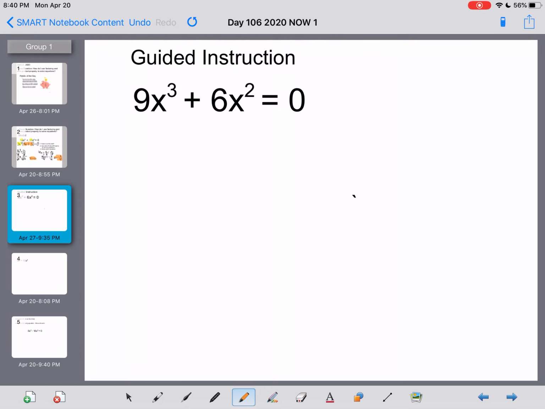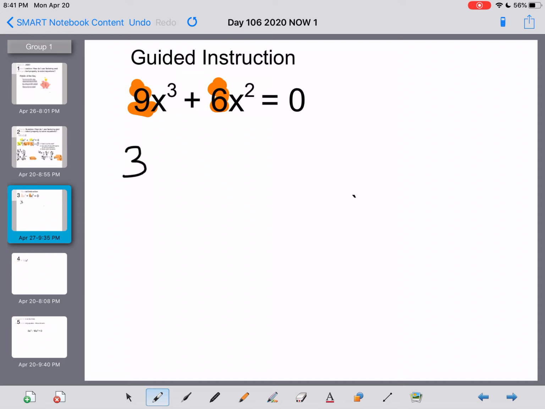All right. Welcome back. I hope you factored out the greatest common factor and noticed that this is an expanded form. So in order to use zero product property, we need to write it in factored form. So we're going to factor out our greatest common factor. So we have 9 and 6. Greatest common factor there is 3.